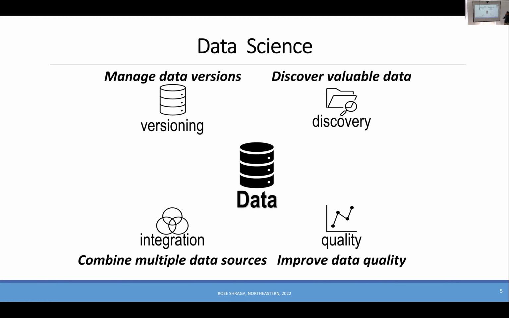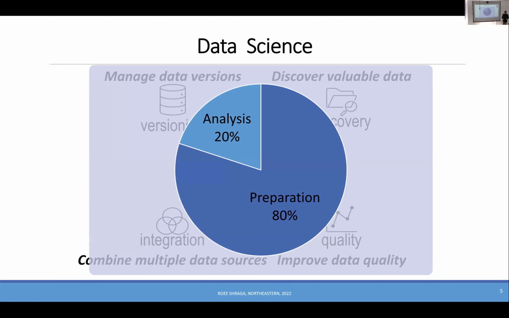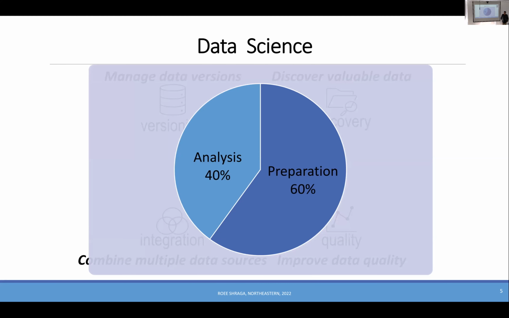My research follows four main aspects of data science, namely managing data versions, discovering valuable data, integrating different pieces of data, and improving data quality. Plugging it all together, one of the main objectives in my research is to take this 80-20 rule that I mentioned before and maybe improve it into 60-40.